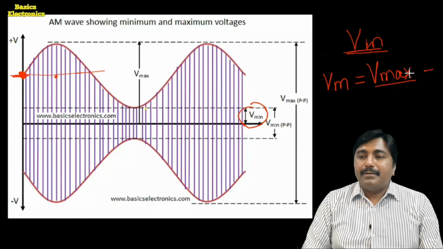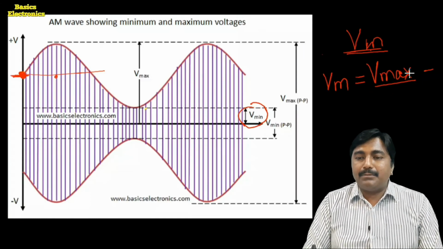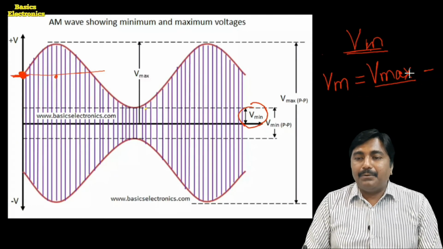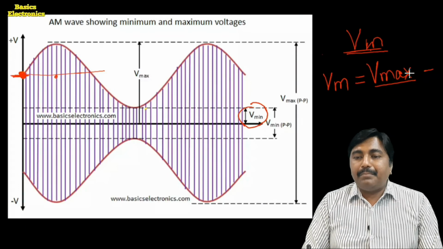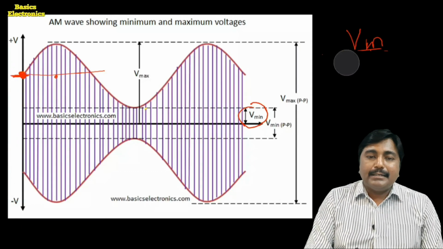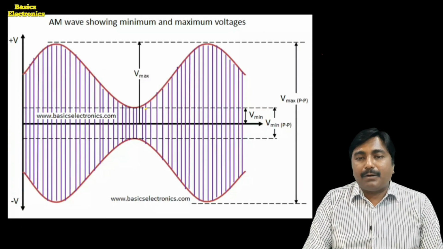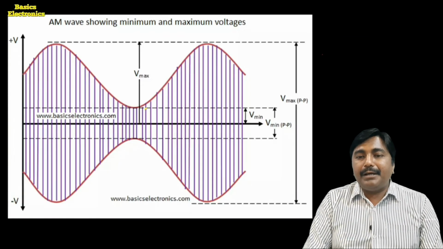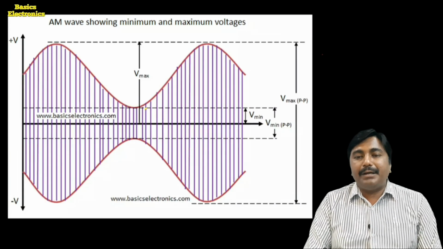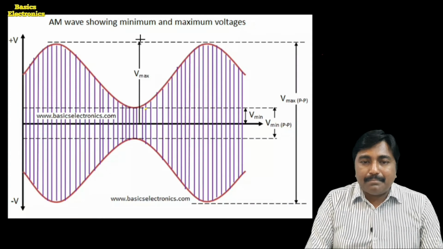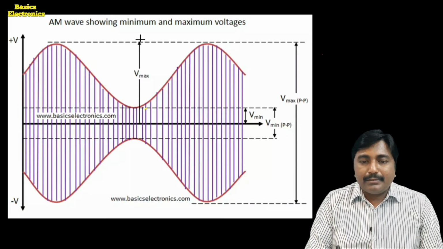V maximum minus V minimum gives us the peak to peak voltage of the modulating signal. And as we know, the peak to peak voltage is double the peak voltage. Therefore, the formula for the Vm is V maximum minus V minimum divided by 2.